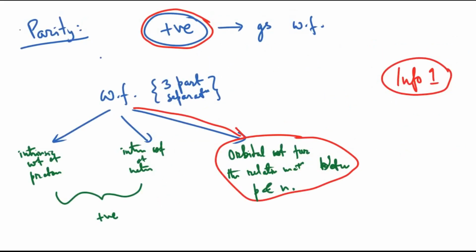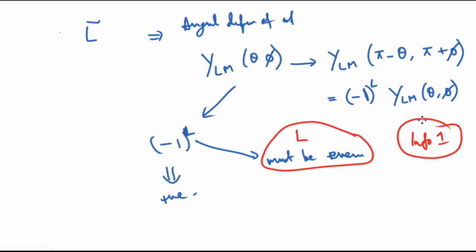Previously this was experimental info 1, and this is now what we are getting as the observational info 1.